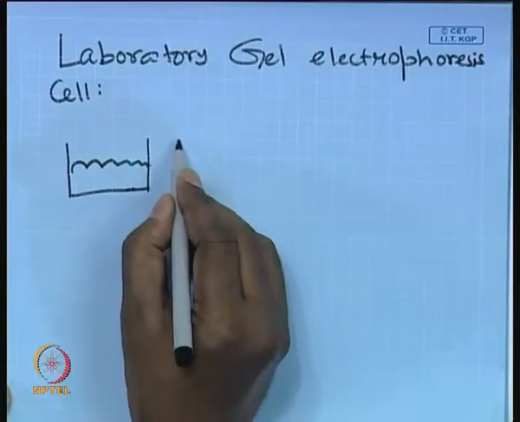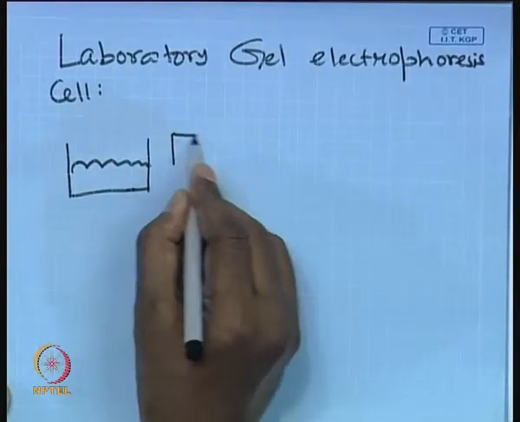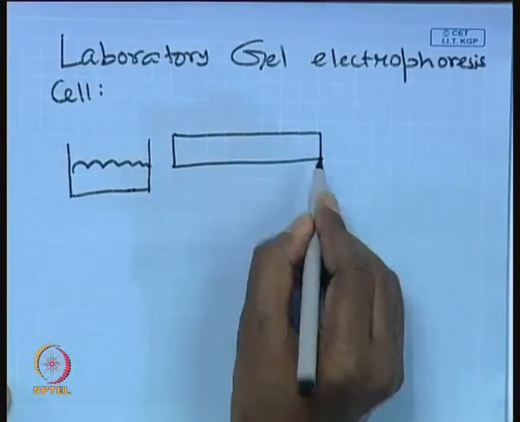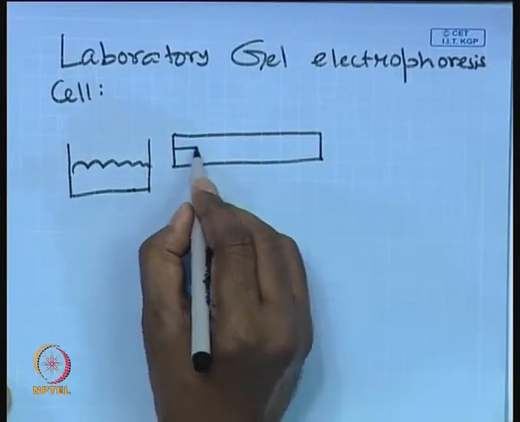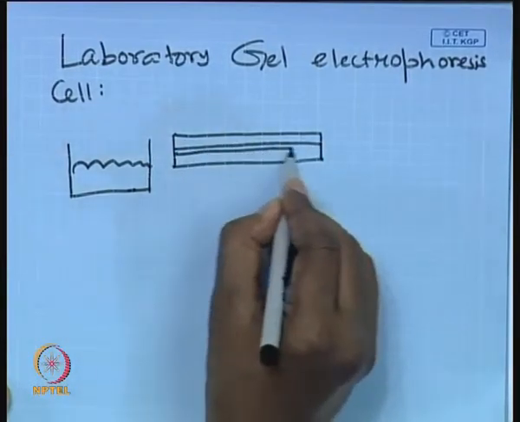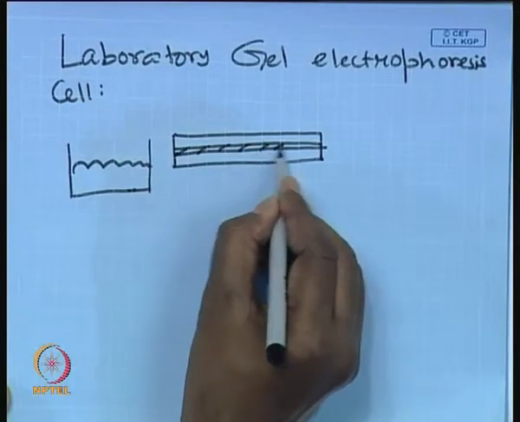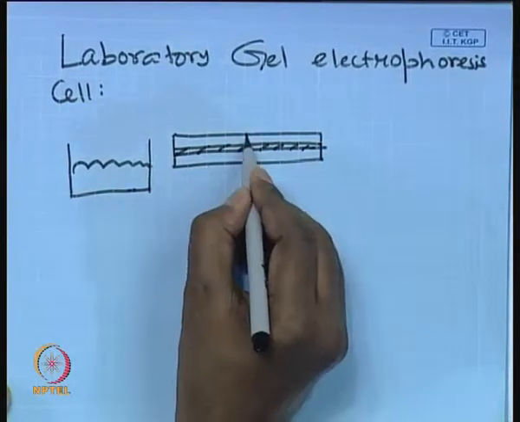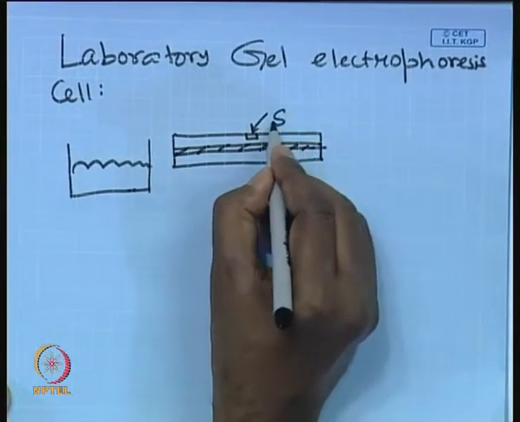This is the solution and this is the main cell, and in between the gel is trapped. So, this is the gel and there is a sample port here.